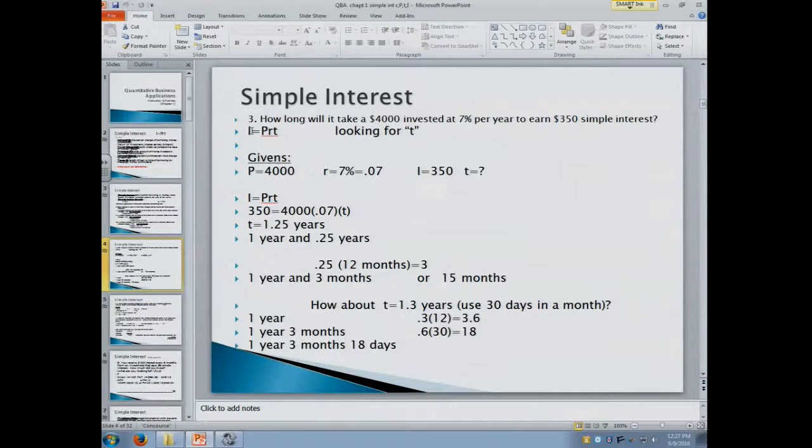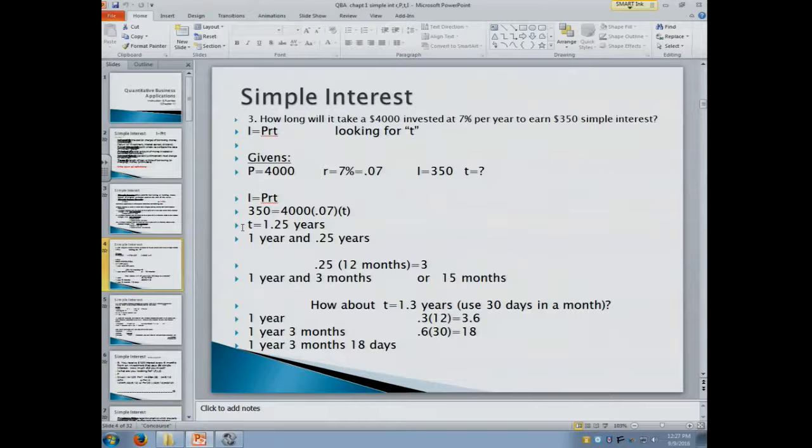Sometimes in this formula, we're not just looking for interest, we might be looking for P or R or T. In this question, we're going to look for T. We're given 4,000, a rate of 0.07, and we generated $350. What is T? So we substitute in.